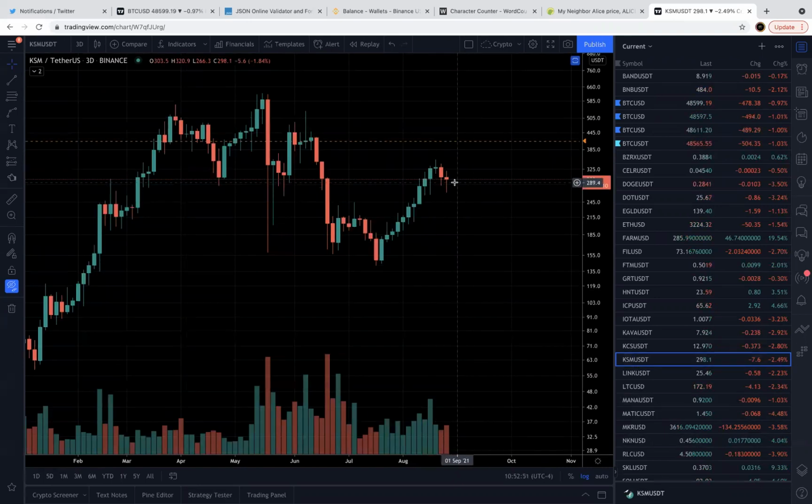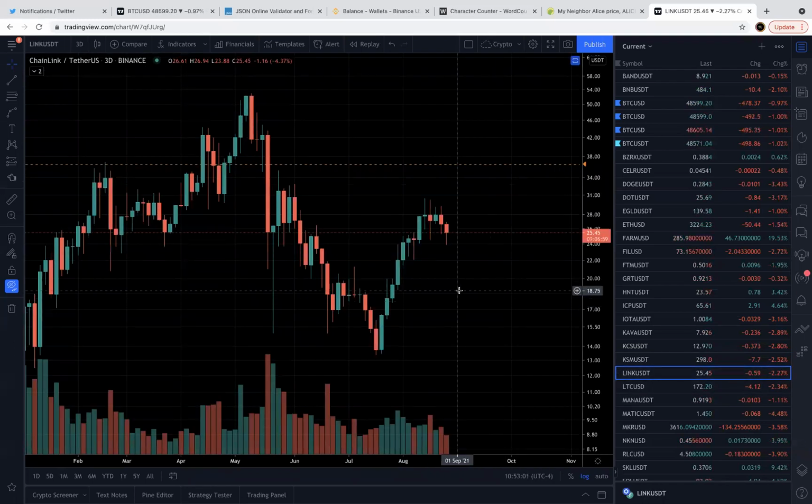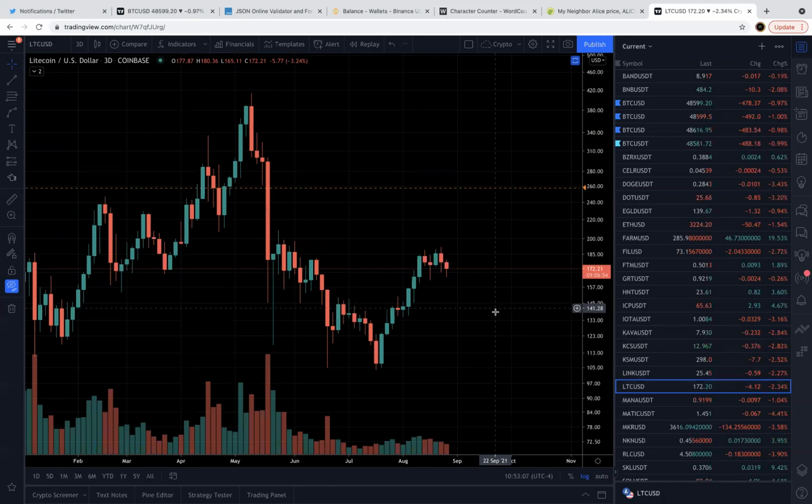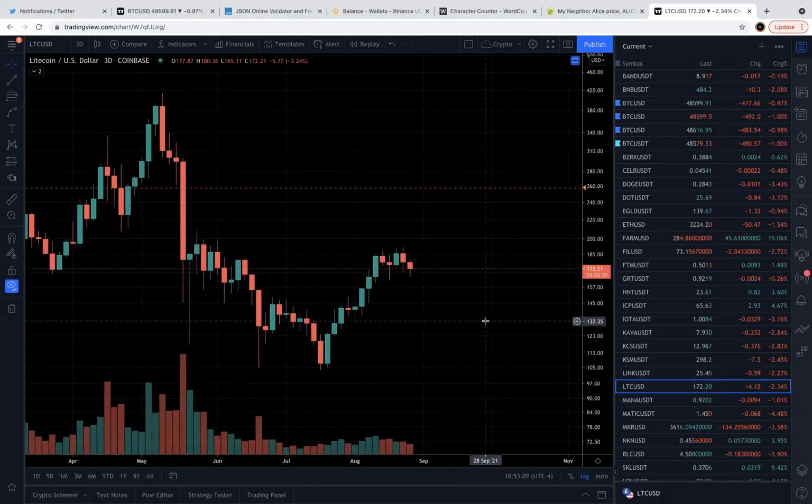KSM, not bad, amazing bounce so far. Then last 1 week was down like many other coins, some similar, nothing different. LINK. LTC is okay, nothing major from LTC.